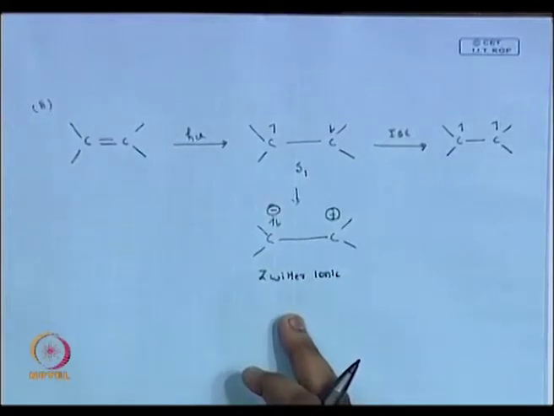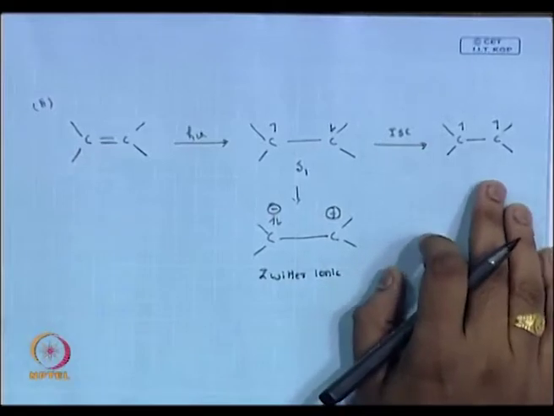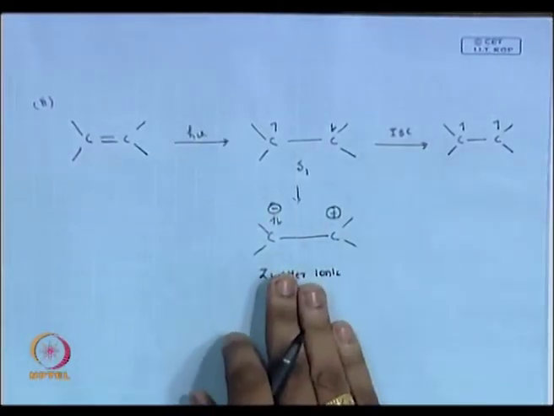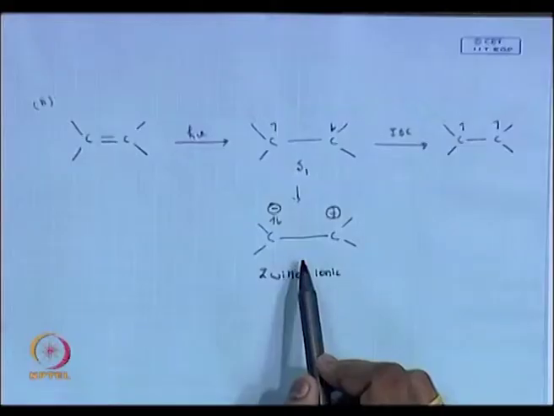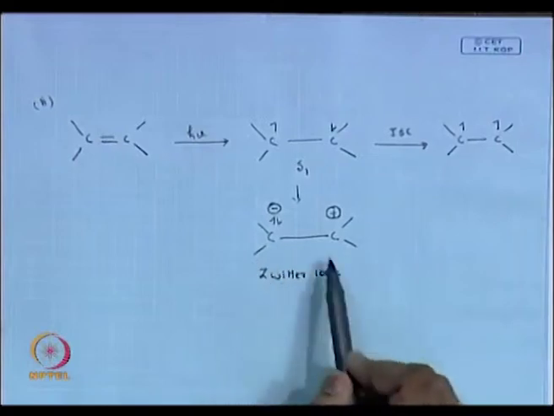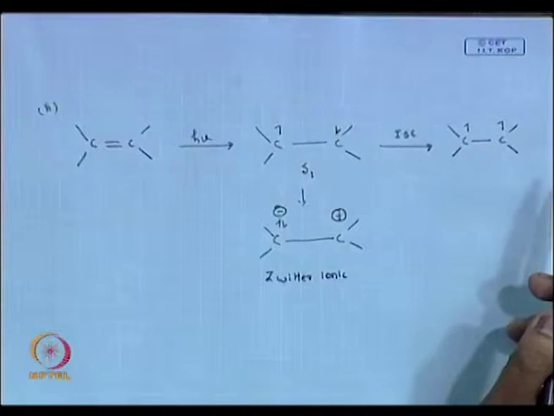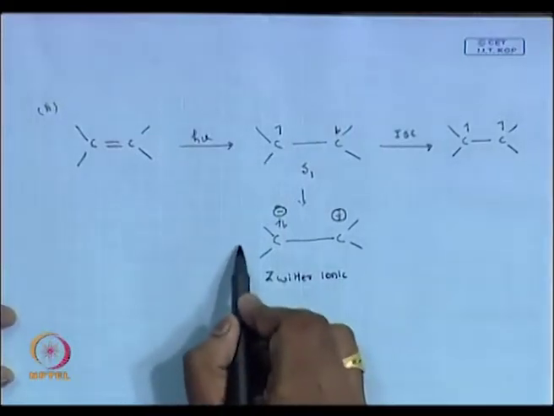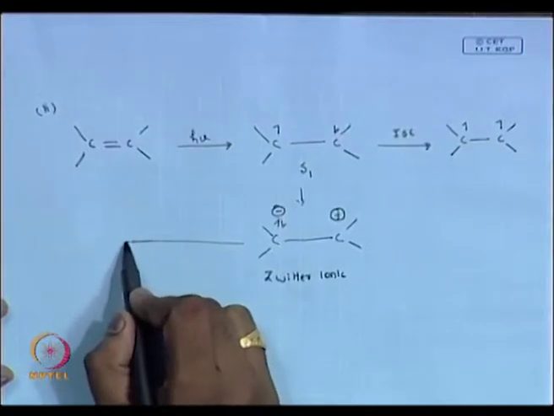You can push your 2 electrons happily, plus or minus. But if you do intersystem crossing and get to triplet, then you are going to do radical chemistry. Here it is normal chemistry which you do with your carbanion, nucleophilic, electrophilic, you push your 2 electrons together. That type of arrow you can use when you are talking about your singlet excited state. But when you are talking about triplet, again it becomes radical chemistry. So, from the zwitterionic, what are the reactions you can think of?